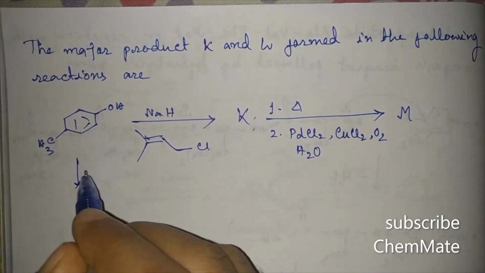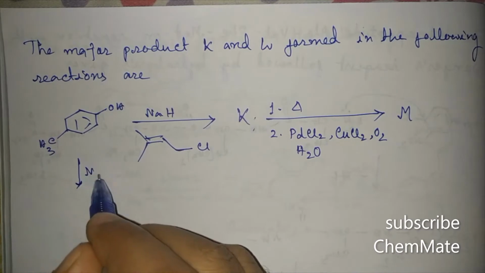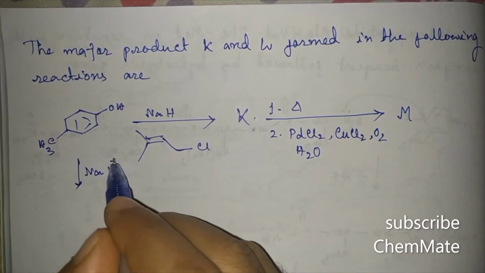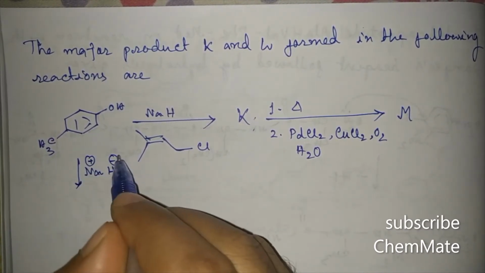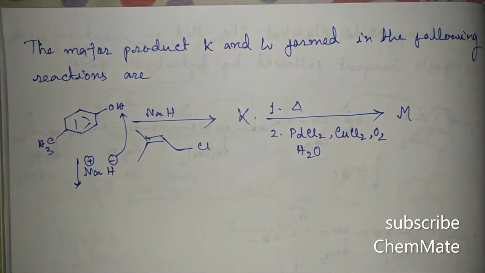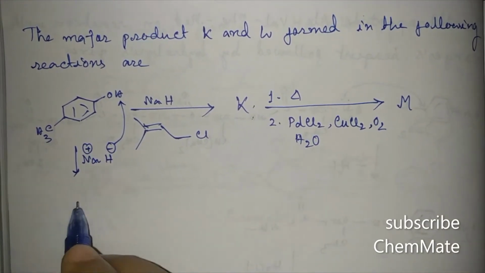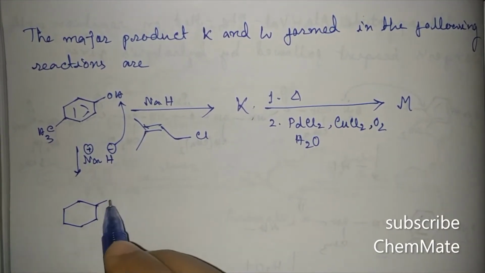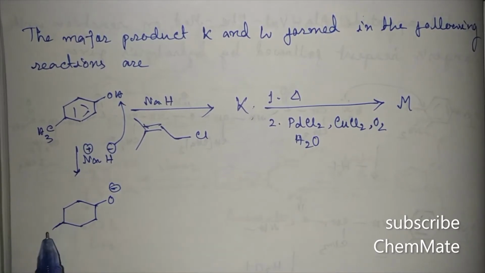Now if it is treated with a strong base like sodium hydride, it will abstract the proton from this OH and the phenoxide ion will be formed, O minus CH3.